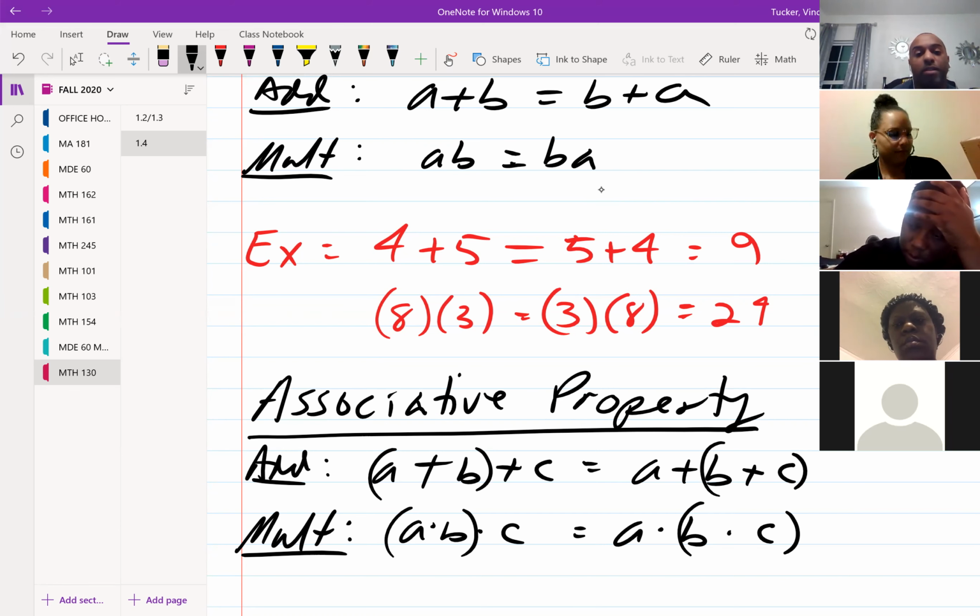Same thing with multiplication. Doesn't matter which order you multiply in, you'll still get the same result if they're all multiplication or if they're all addition.